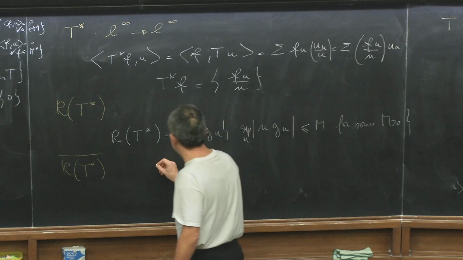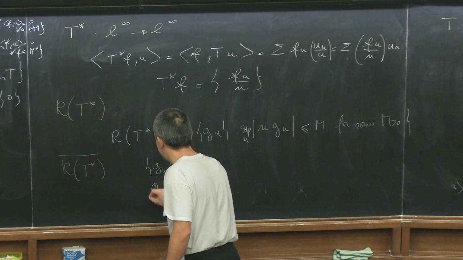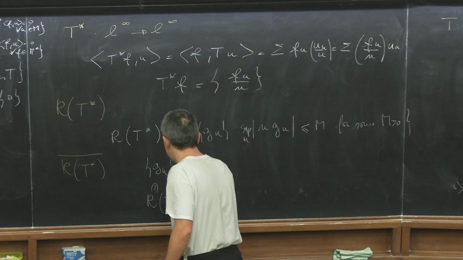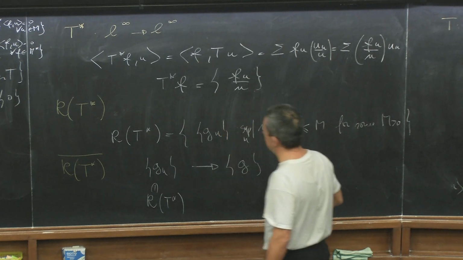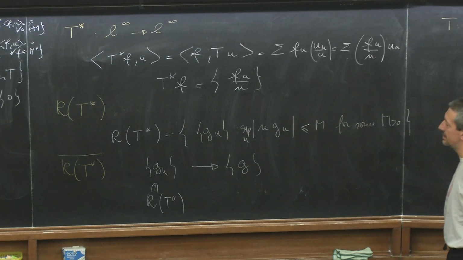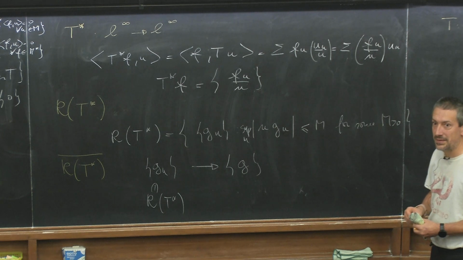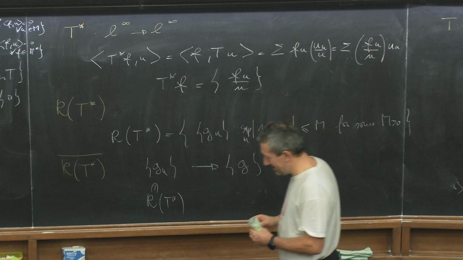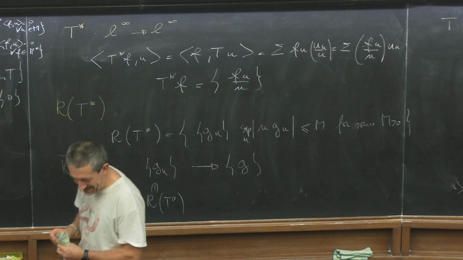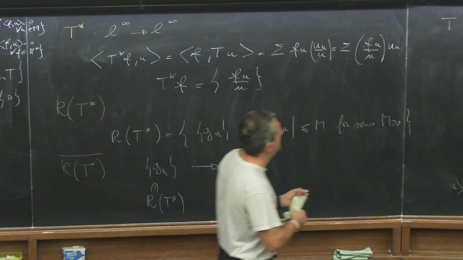I have a sequence Gn in the range which converges to another sequence G. Then is it the whole space, Professor, or is it smaller than that?